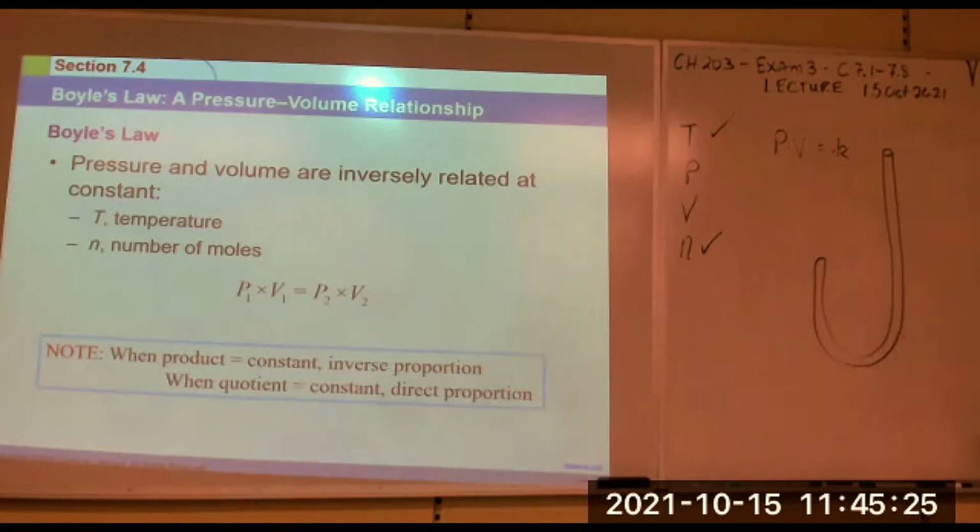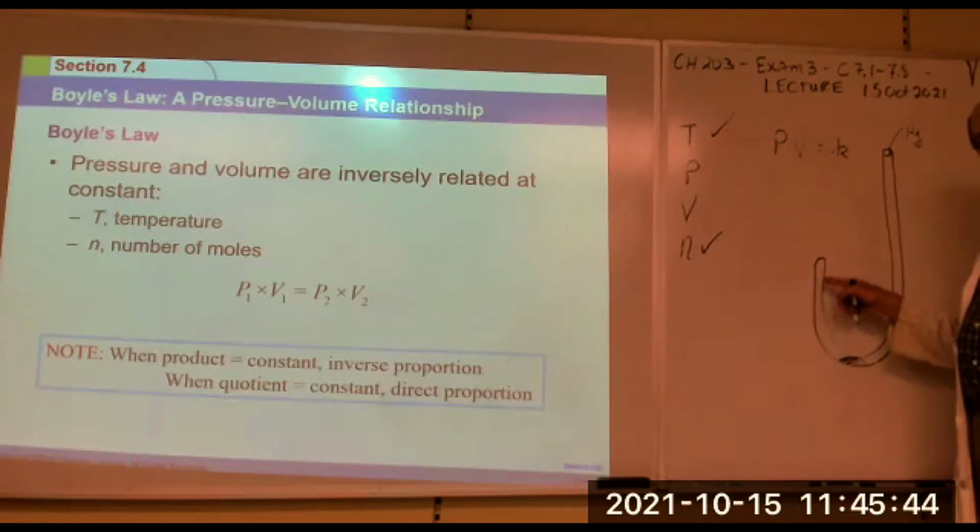Okay? And he also used mercury. So he added mercury to this tube, and he collected at the bottom. And he added some more. Eventually, he added enough to where it touched the inner curve of that tube. At that point, he had trapped gas in here.